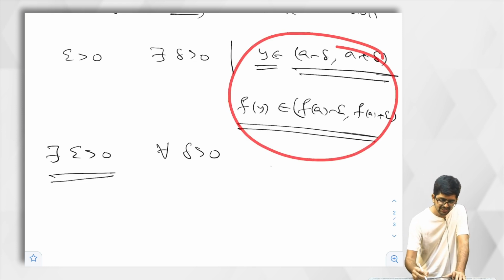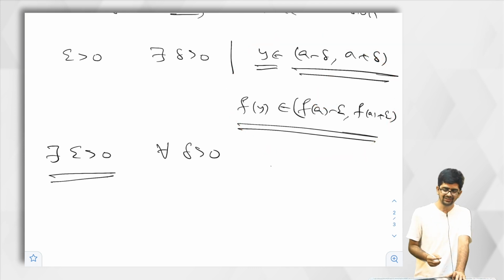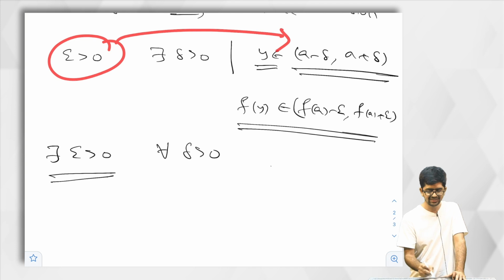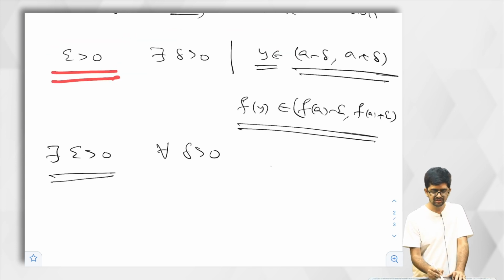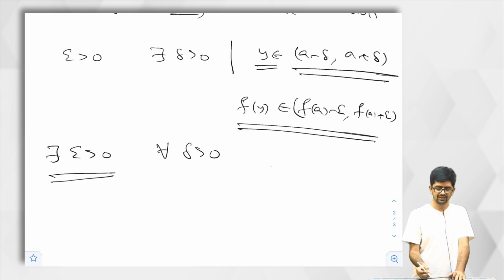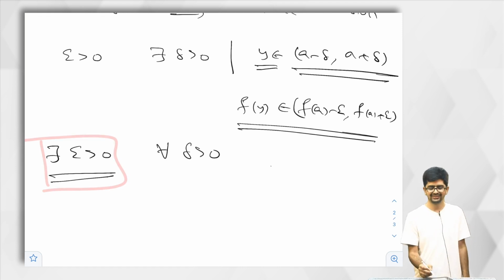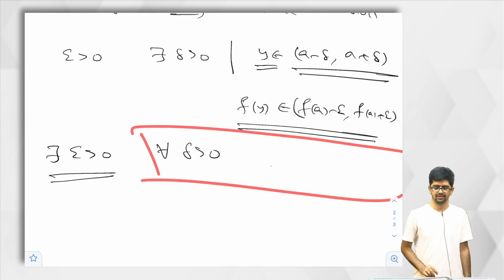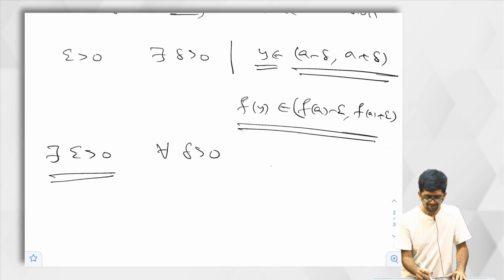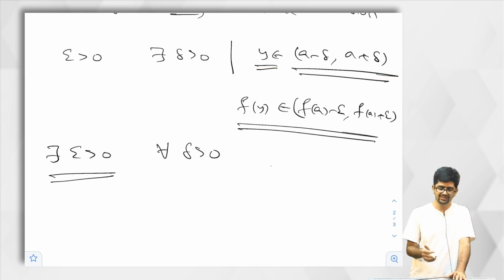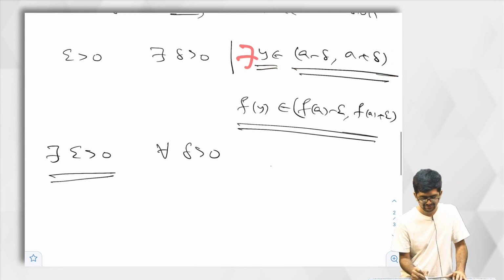If this condition is false, what does it mean? Again, whatever I have written here, we just copy the same thing here. For every epsilon positive something is happening; the opposite of that is there exists epsilon positive such that something is not happening. For every y something is happening; the opposite of that is there exists a y such that this is not happening.